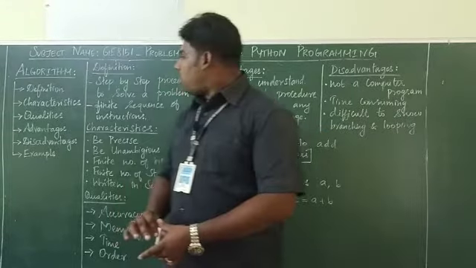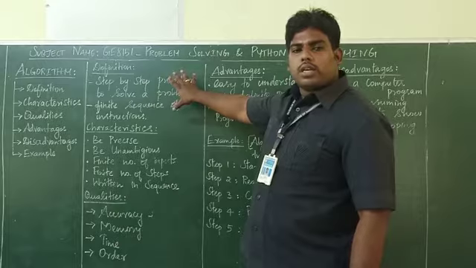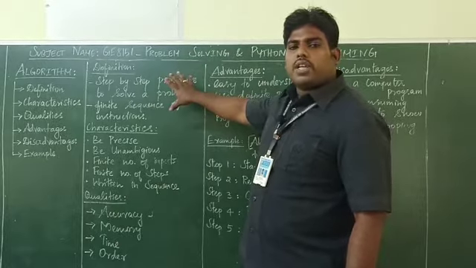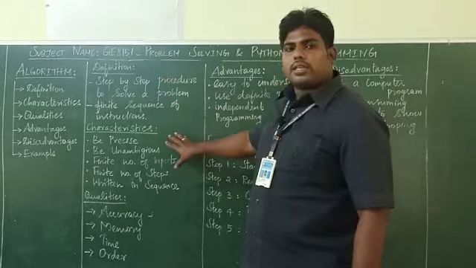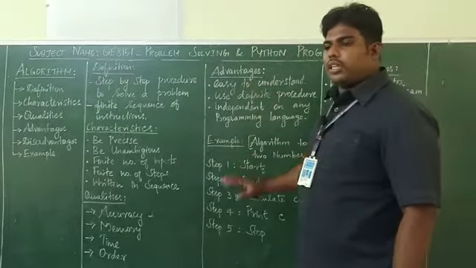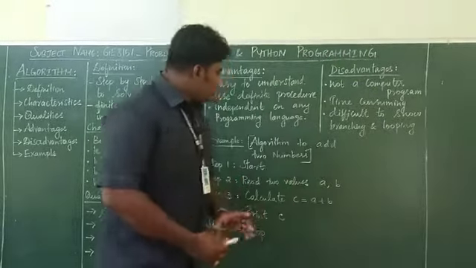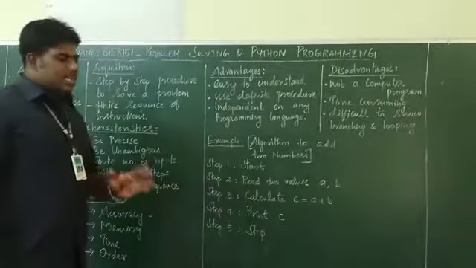So till now, what are the things we discussed? First, the definition: it's a step-by-step procedure to find the solution of a particular problem. Then characteristics, then qualities, then advantages, then disadvantages. At last, we can see one example so you can understand clearly.